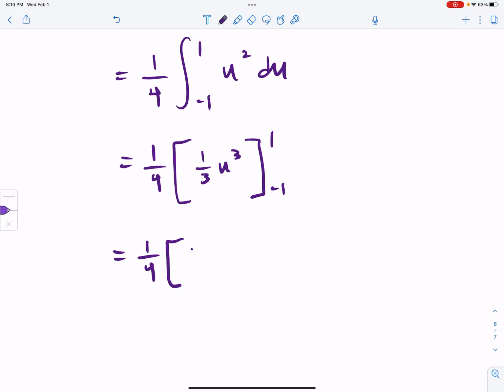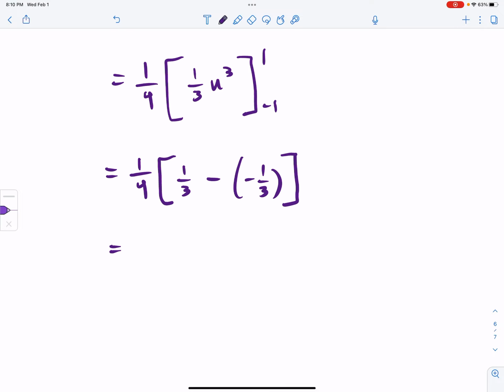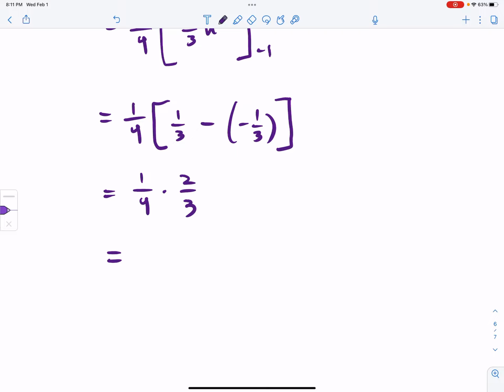Okay, so that'll end up being 1/3 minus negative 1/3. So 1/4 times 2/3, which will be 1/6.